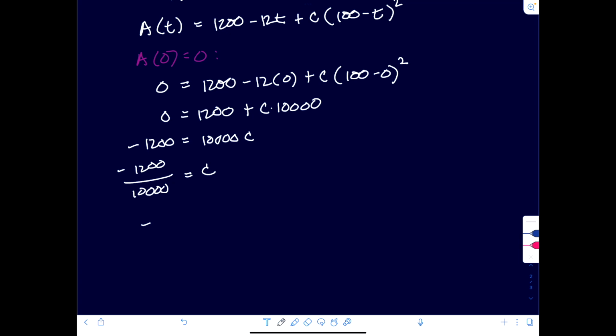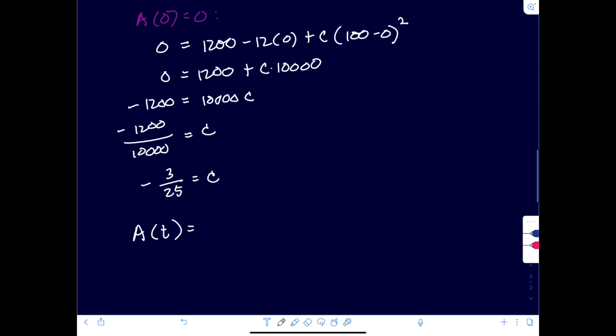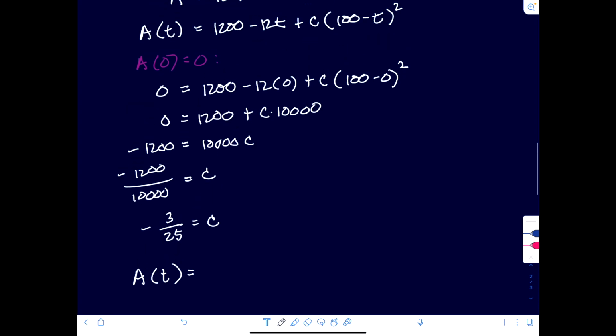And so, drum roll, A at t is equal to 1200 minus 12t minus 3/25 times 100 minus t, the quantity squared.